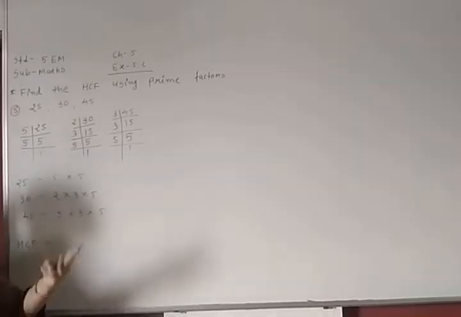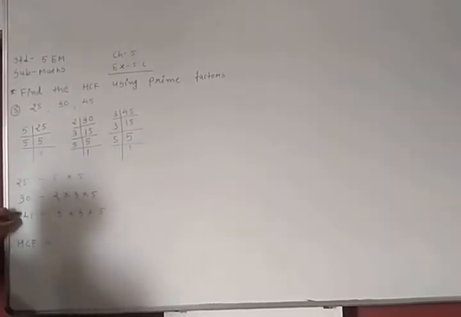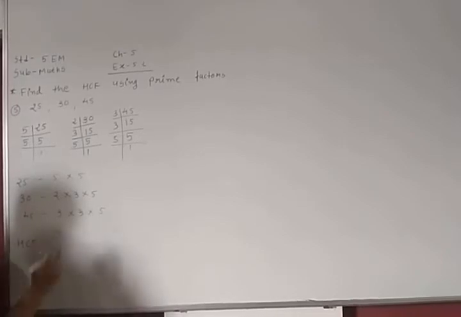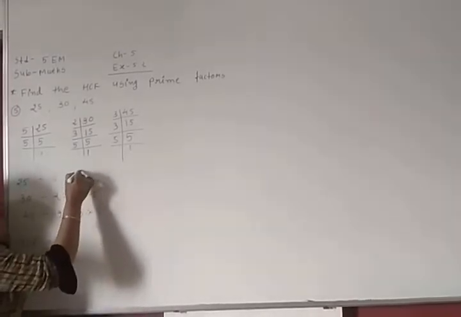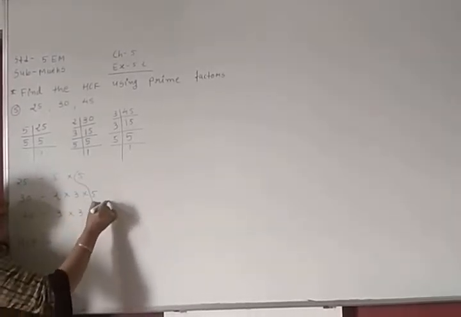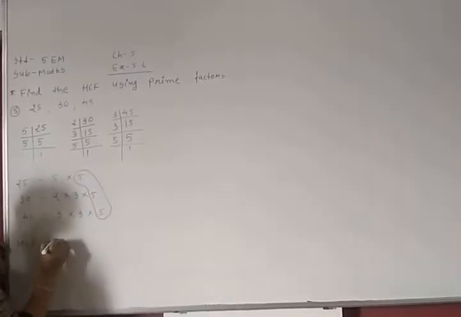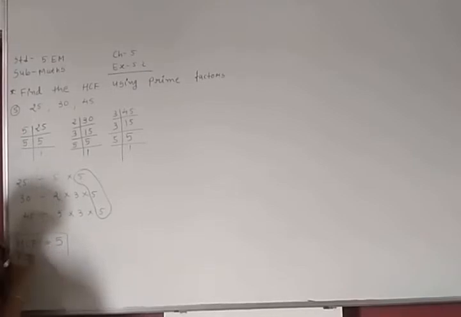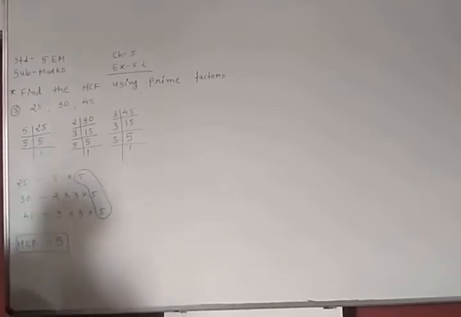If you take 3, then 3 is in 30 and 45, but it is not coming in 25. So we will not take 3 also. So only this number 5 is common. So what will be the HCF? 5. The highest common factor is 5.